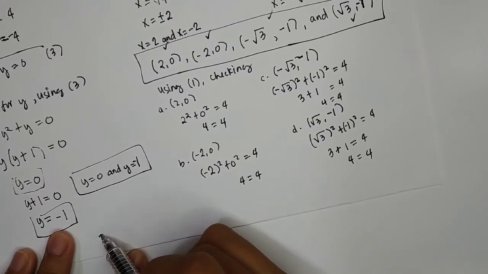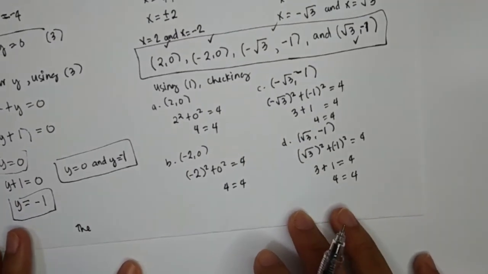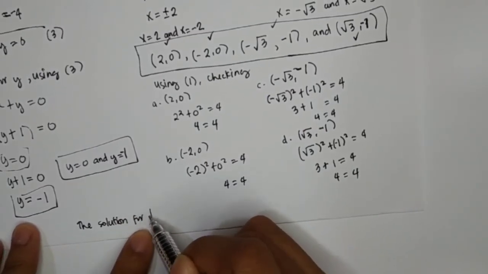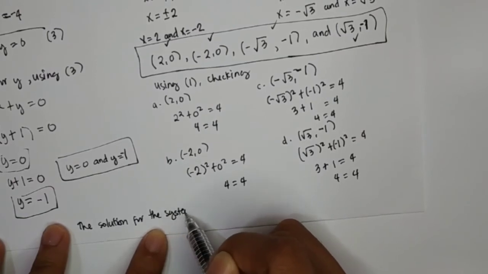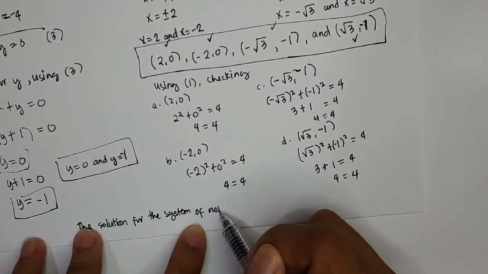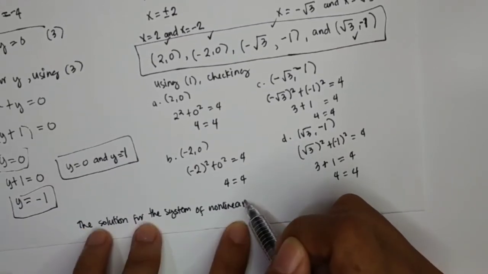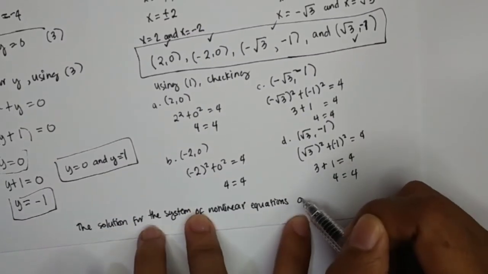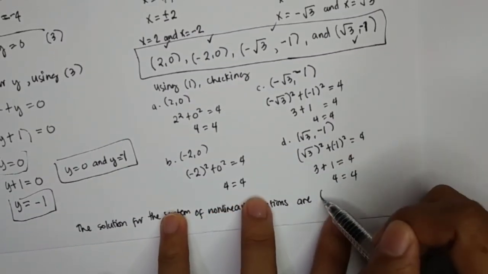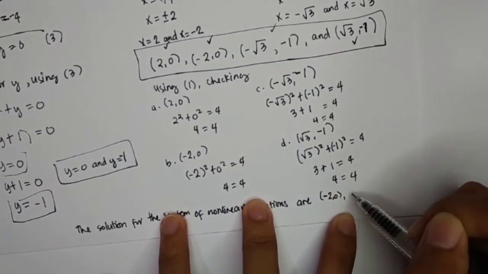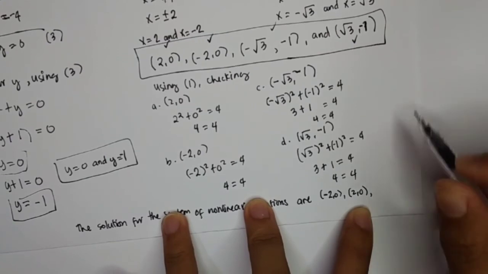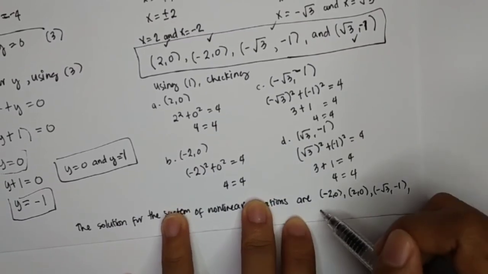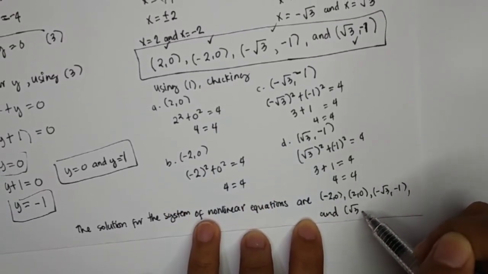The solution for the system of nonlinear equations are: we have negative 2, 0, we have 2, 0, we have also, copy lang natin ito, negative square root of 3, negative 1, and we have here last, square root of 3, negative 1.